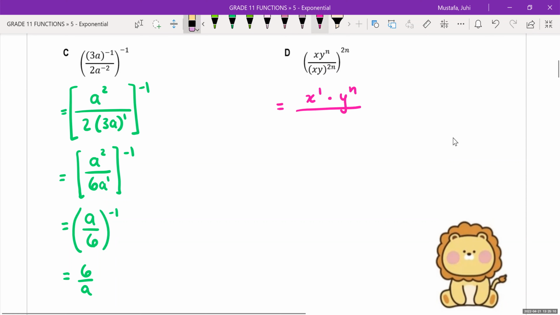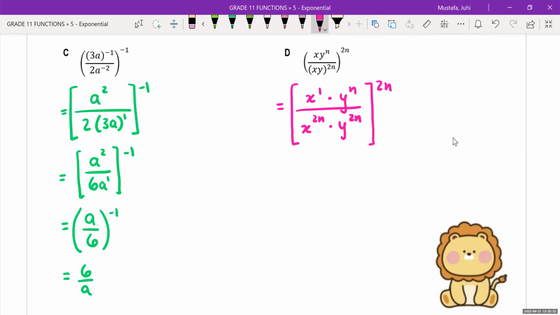So this is going to become x to the power of 2n times y to the power of 2n. And all of this is to the power of 2n. So all I've done in this question is I've taken the denominator and I've distributed the exponent 2n to each of the terms x and y. Make sense so far?